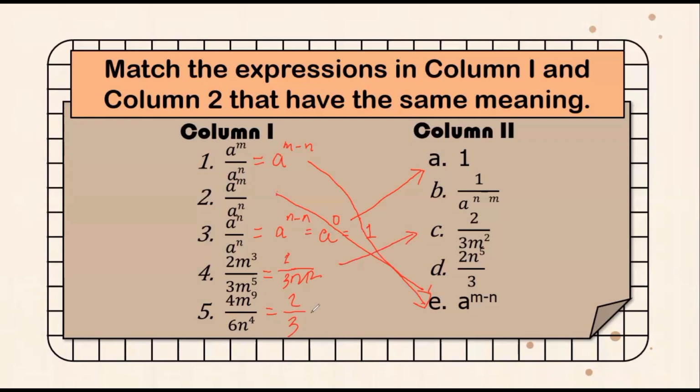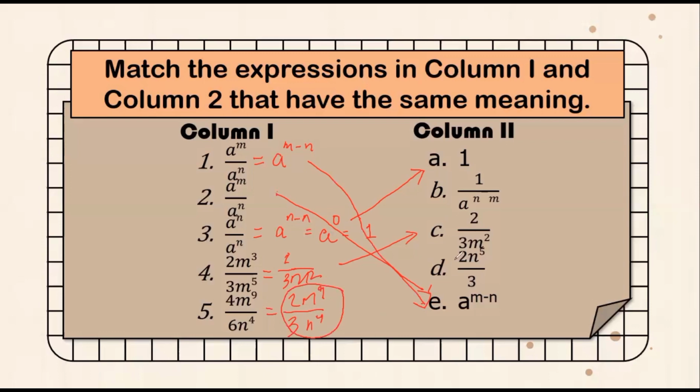No, we cannot, because different terms cannot be divided. So we just need to copy m raised to 9 over n raised to 4. So our final answer would be 2m raised to 9 over 3n raised to 4. And it cannot be found under the choices, therefore this should be our final answer. Okay, 2m raised to 9 over 3n raised to 4.